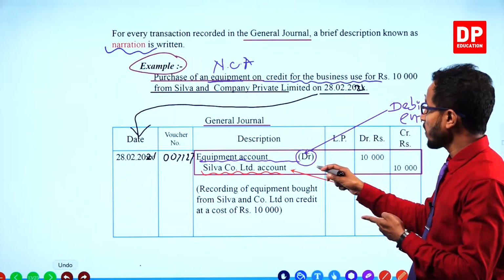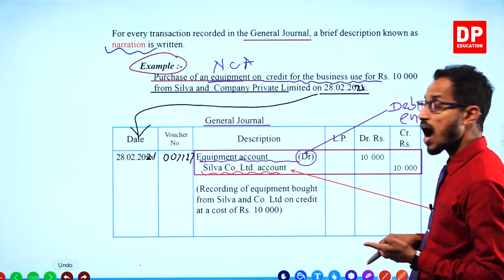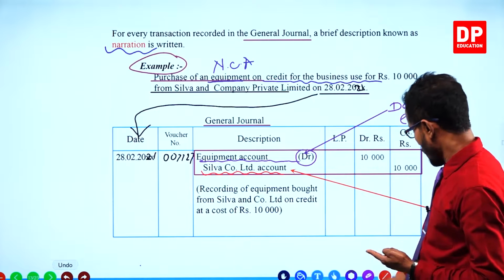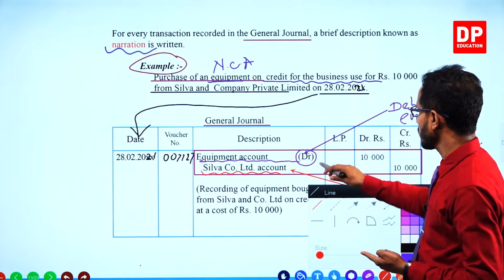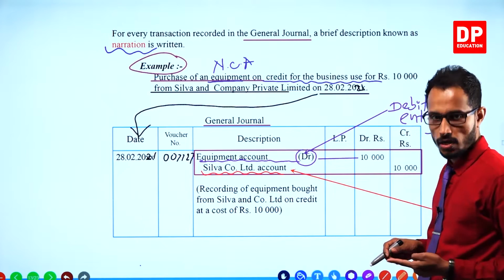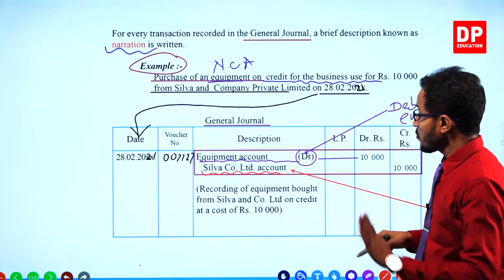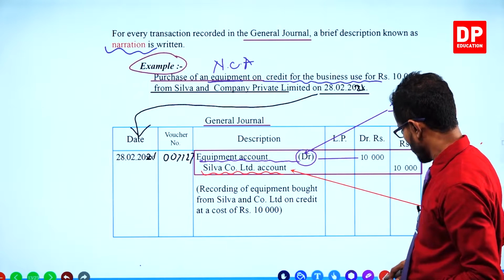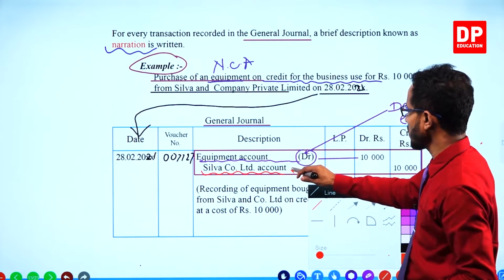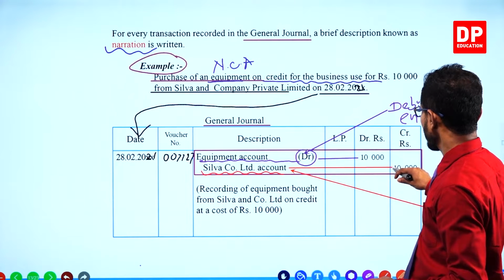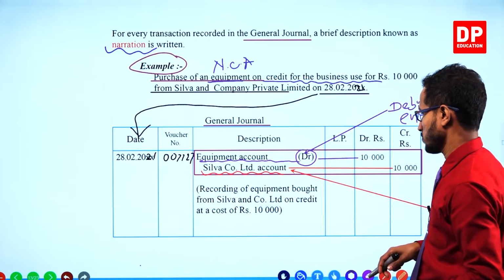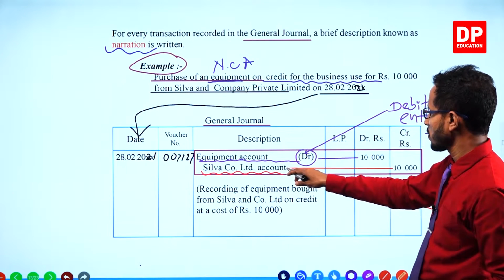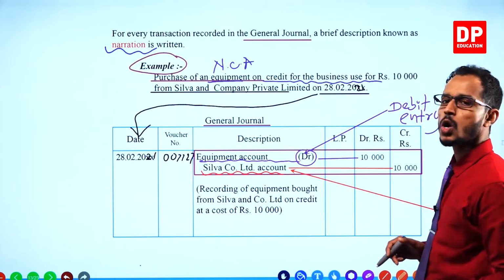Children, don't forget to mention the debit, DR, for the debit entry, and put the amount in the debit column. For the credit entry, you don't mention CR. That is a tradition. But put the amount in the credit column.